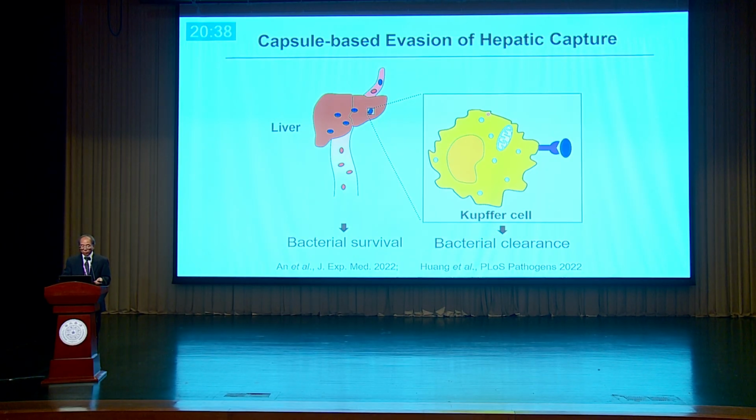And that explains why there's a great difference in serotype-dependent virulence. So not all capsule types are equal in terms of evading this antibacterial machinery. I would be happy to talk to you after the lecture.